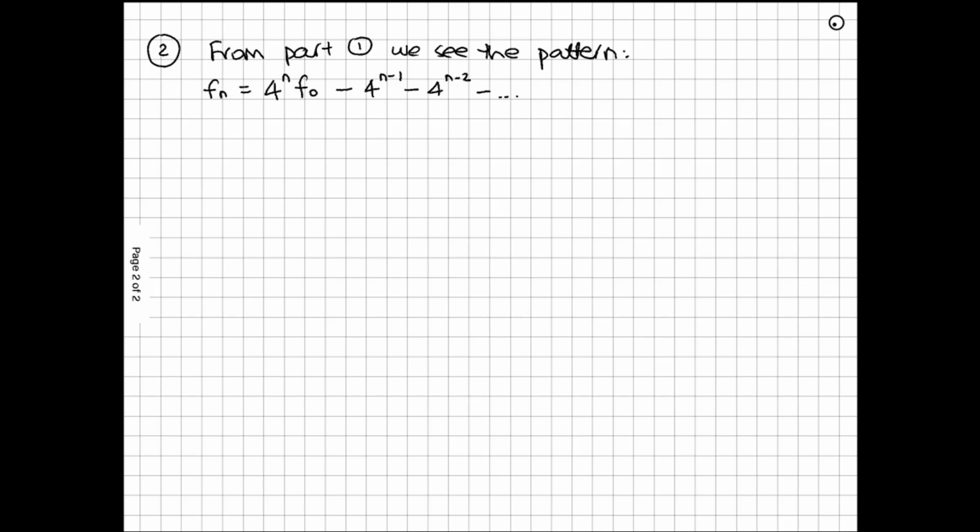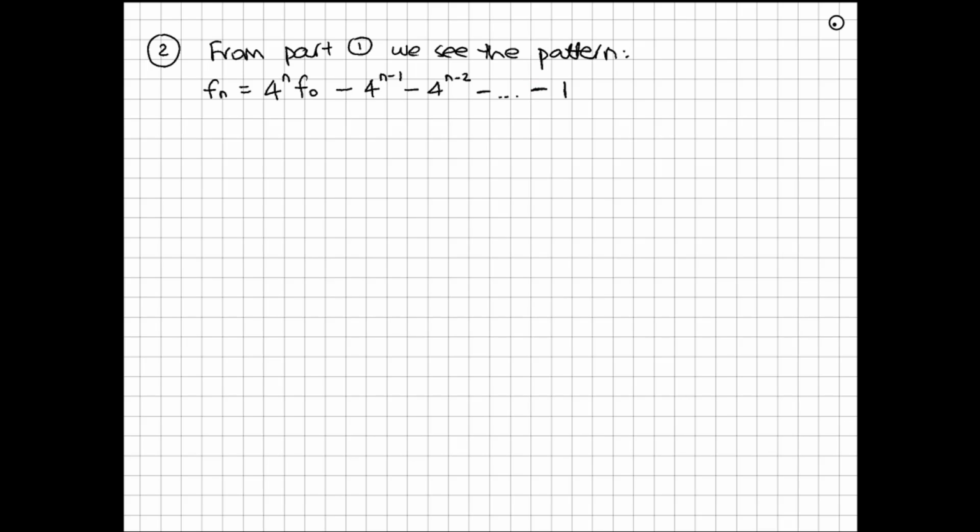We keep going until we get minus 4 to the power of 0, or just 1. Now we want to write this in terms of an expanded sum of terms. So we've currently got minuses, but it's not hard to turn those into pluses.